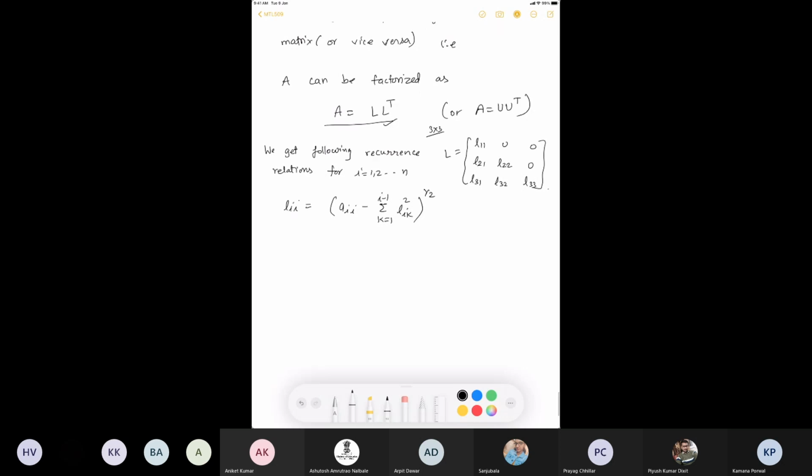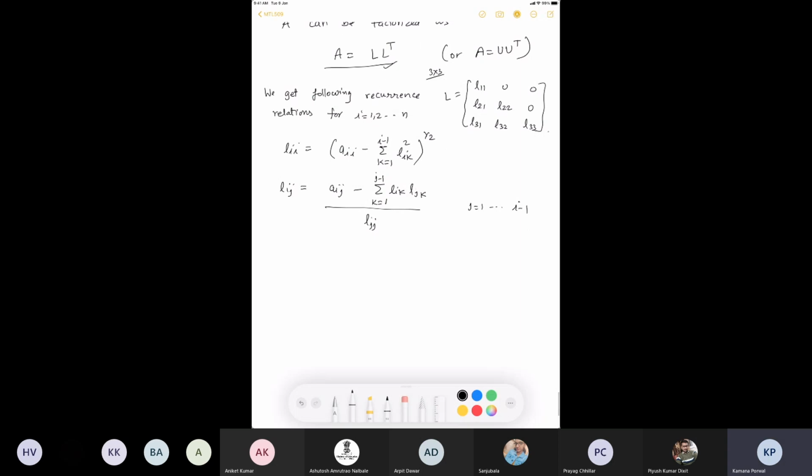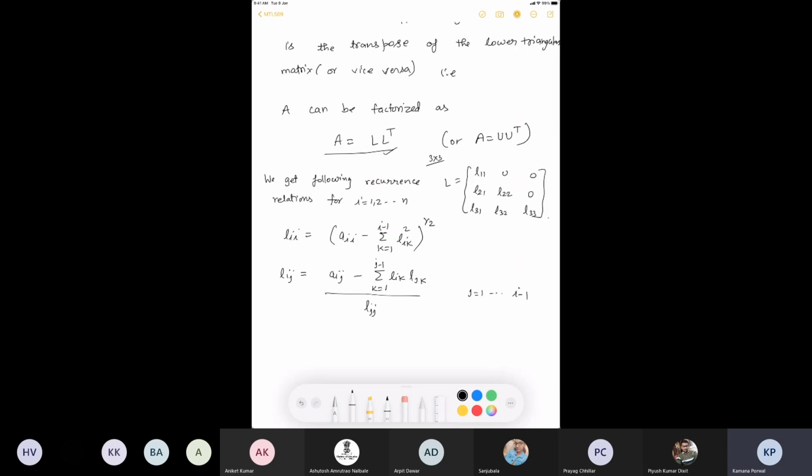And then the other entries can be computed by using these Lii. So this is going to be Aij minus the summation of Lik Ljk, k ranging from 1 to j minus 1, divided by Ljj. You can directly use these formulas to compute the entries of this lower triangular matrix L.